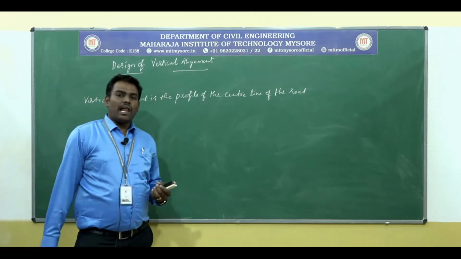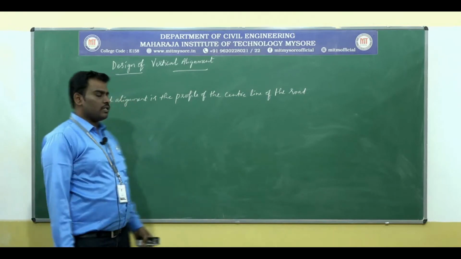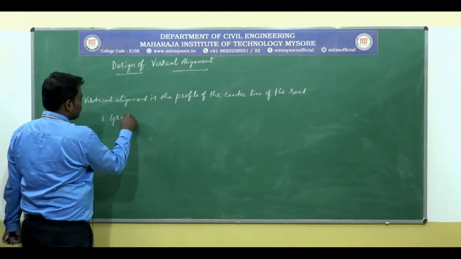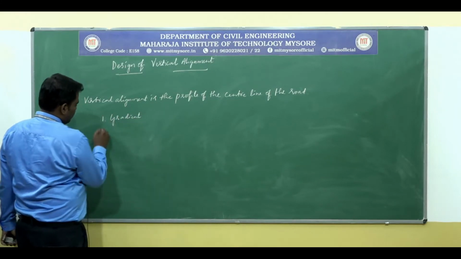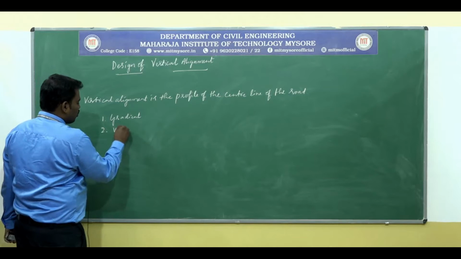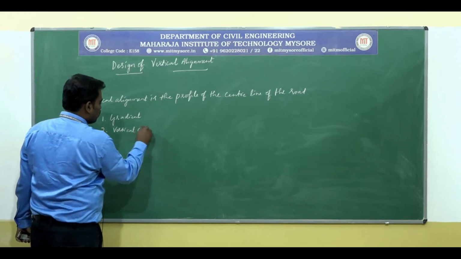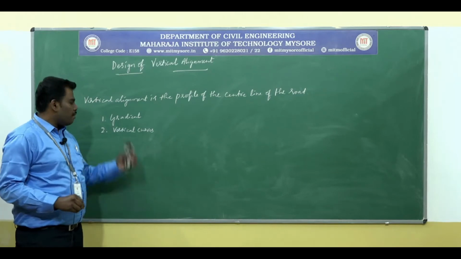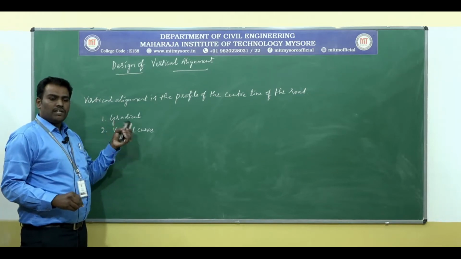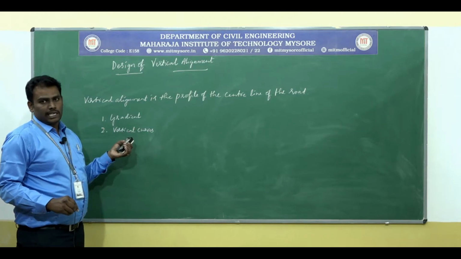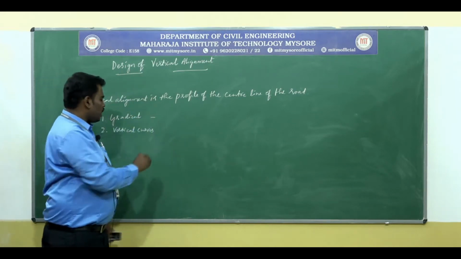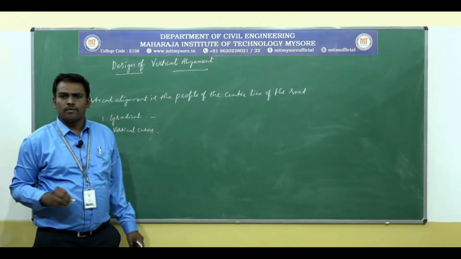The vertical alignment includes two elements. Number one, it is gradient, and number two, it is vertical curves. Then what do you mean by gradient and what do you mean by vertical curves?